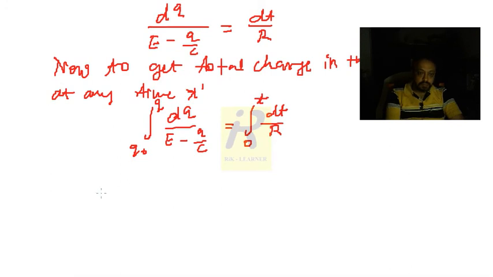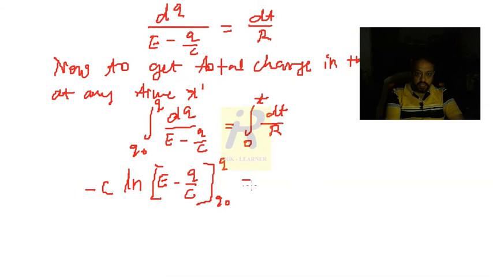Now what I got on this side is minus C natural log of (E minus q divided by C) with the limits Q0 to Q, and on this side it is plus t divided by R. Only this much I got on this side.